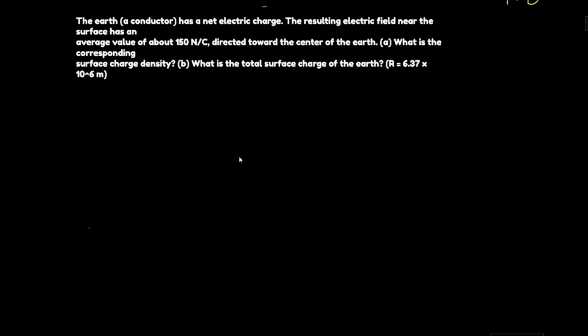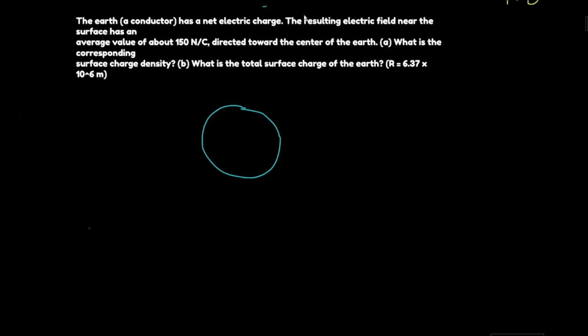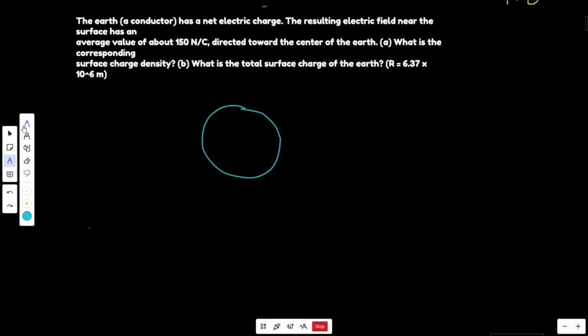That's our question. First, we can just draw the Earth, make it blue because our planet is blue. Based on the given, we have an average value of the electric field near the surface of about 150 newtons per coulomb. What does that mean? Basically, we're describing the electric field on the surface.